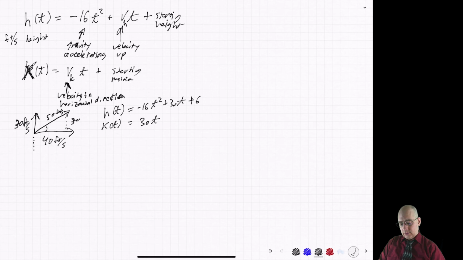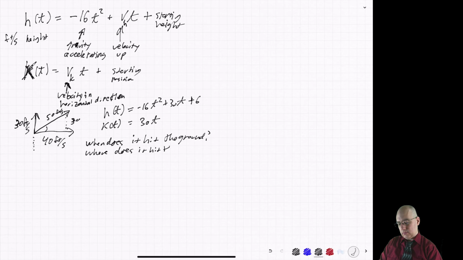Okay, so now I've got these two things. What are some questions that I might want to know? When does it hit the ground? Okay. Where does it hit the ground? So if I figured out the time when it hit the ground, I could just plug that into the function k and get the answer.